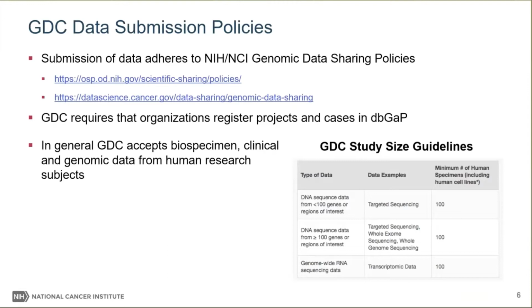In general, the GDC accepts biospecimen, clinical, and genomic molecular data from human research subjects. Here are a few guidelines for how many patients we usually would like in a project. Sometimes fewer are accepted if there's enough data, and more are always appreciated, but if there's not enough data, sometimes those aren't accepted either.